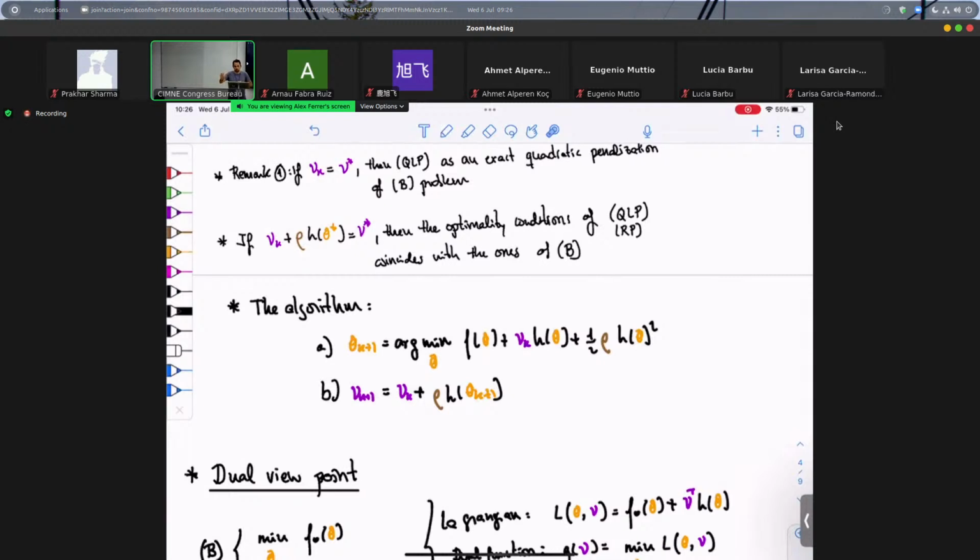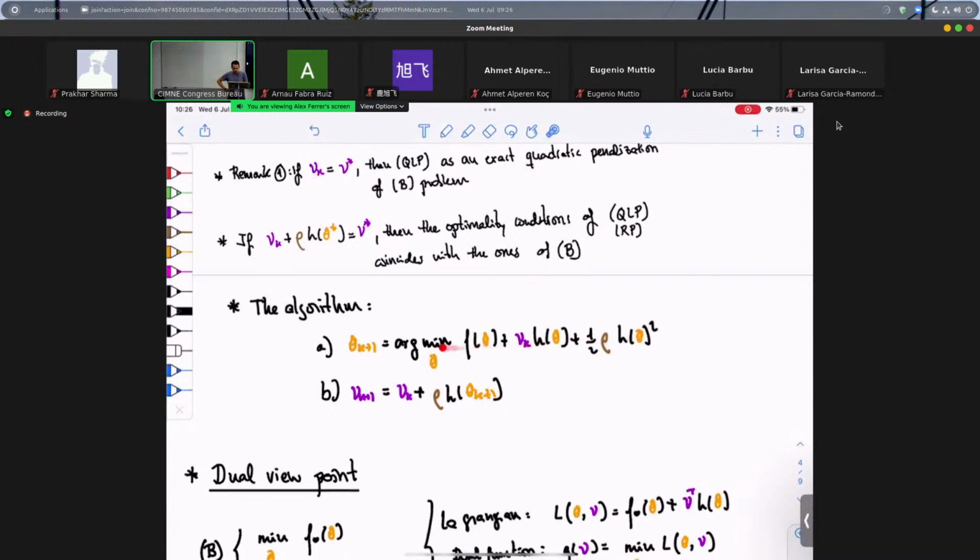But to understand what we do, we separate the dual and the primal: we do many iterations in the primal, and then some iterations in the dual. So we alternate directions. This is how the algorithm works in the augmented Lagrangian.